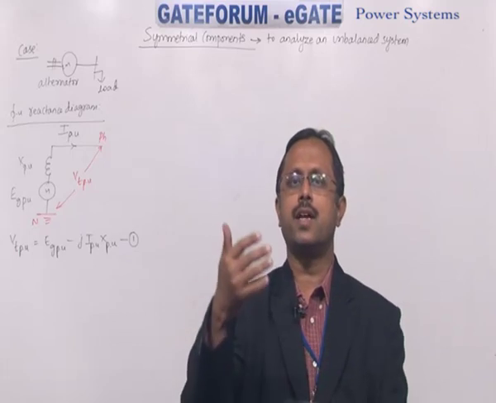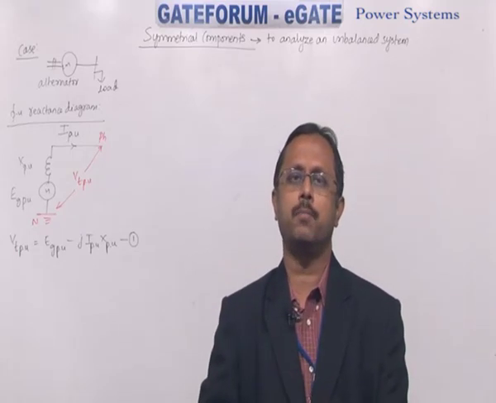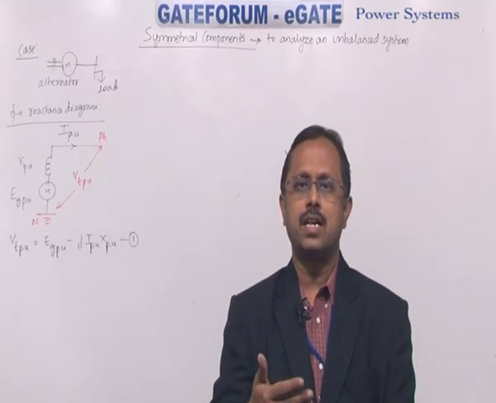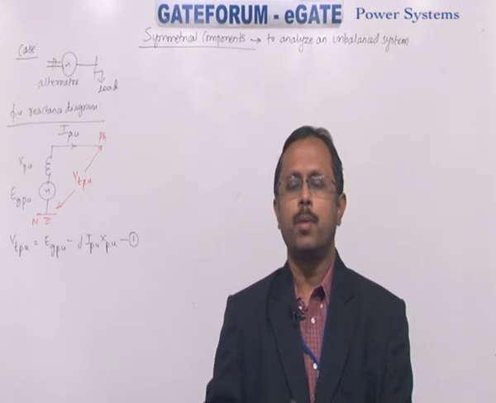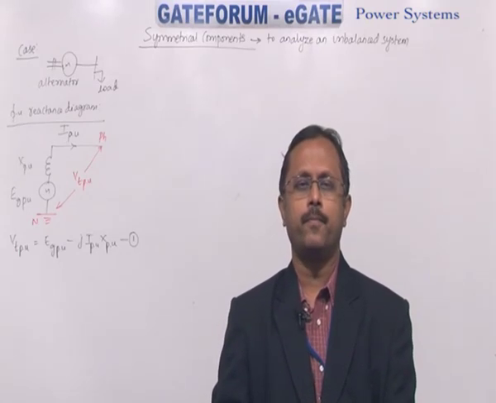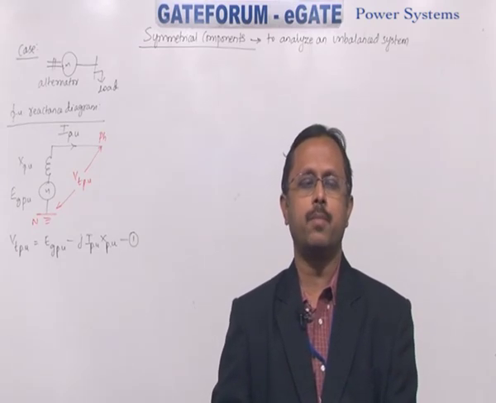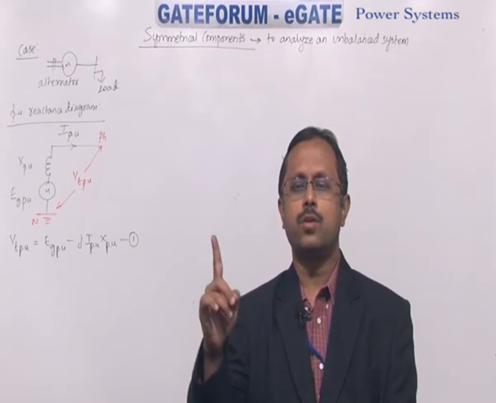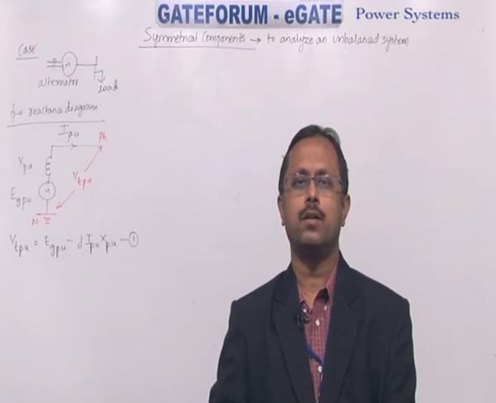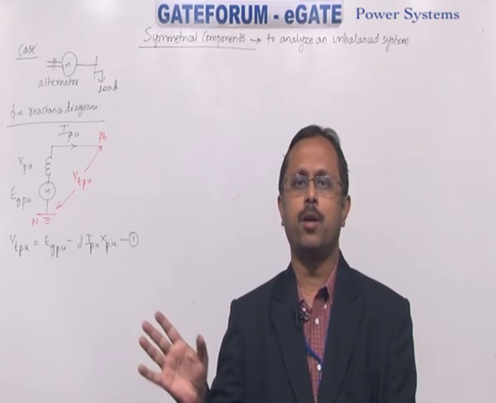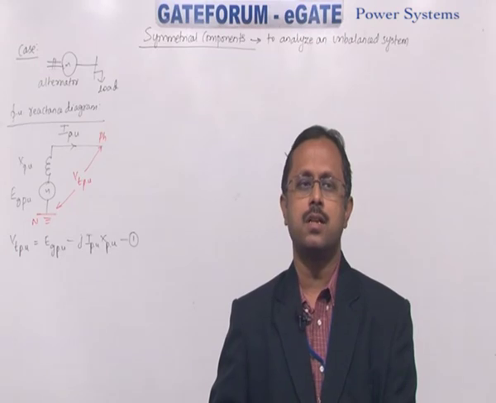Previously, in the analysis of the per unit system, we said that the number of equations required to analyze performance of a power system network is equal to 1, irrespective of the number of voltage levels.